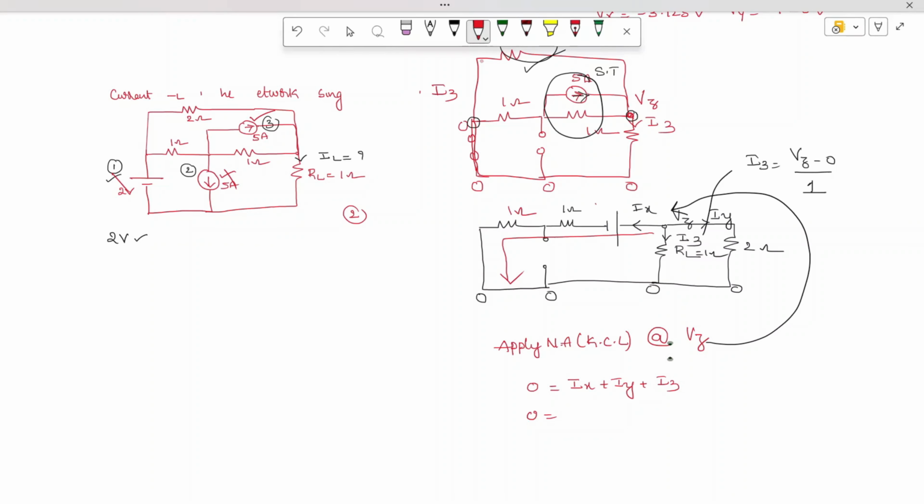So 0 is equal to the total current. Here this is a voltage source, V is equal to I into R. I is 5 into 1, which is nothing but 5 volts. Now how to write the current in this branch?